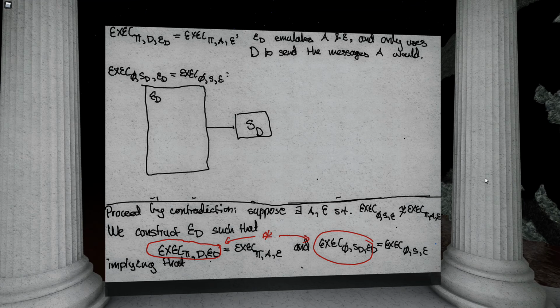And recall that ED is composed of an instance of A and an instance of E. And the connection is sort of like this, right? So if we look at what happens along this wire, so to speak, the interaction between ED and SD, well, we see that this is in fact exactly the same as what happens when S talks to E.